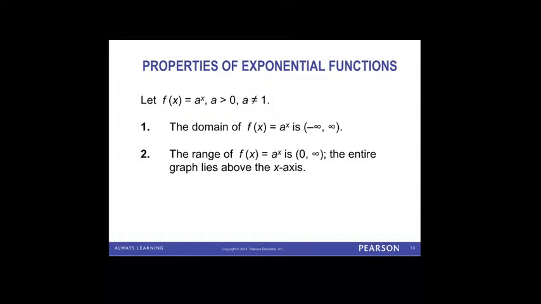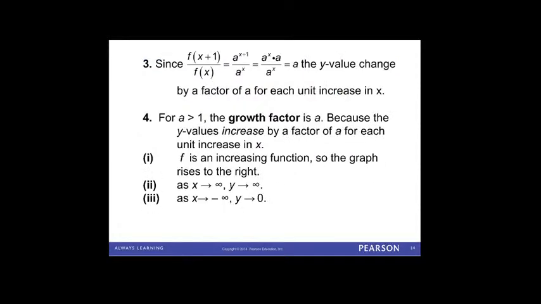So let's see. If we're considering the exponential function and we consider f of x plus 1 divided by f of x, then this is going to be a to the power of x plus 1 over a to the x. Since these are exponents of the same base, we can subtract the exponents.